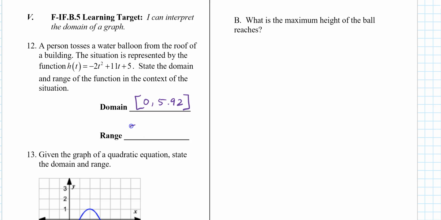So my range goes from 0 to 20.1. So my domain goes from 0 to 5.92 seconds because the 0 is where it starts being tossed, and it takes 5.9 seconds for it to land. And then my range goes from 0 feet, because that's the ground, to 20 feet in the air.